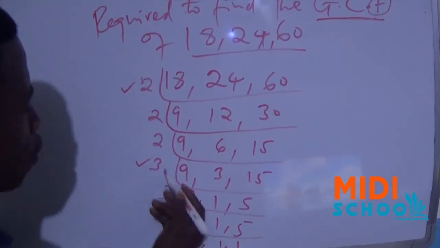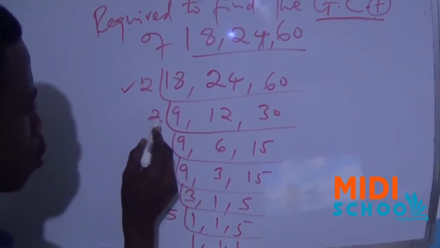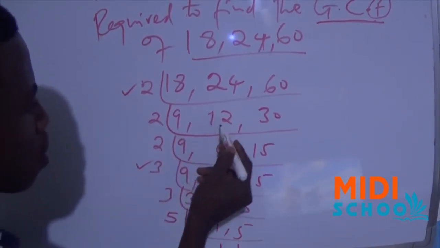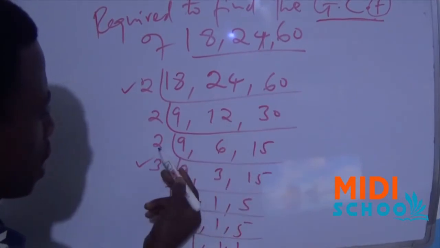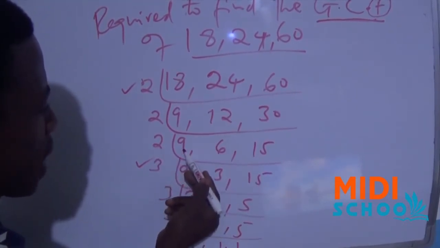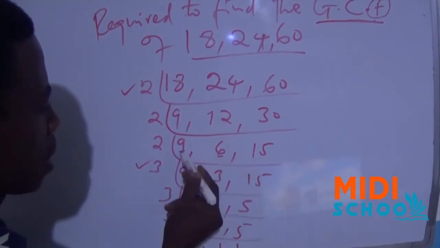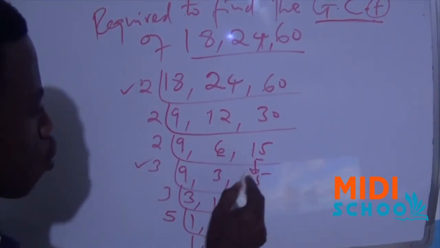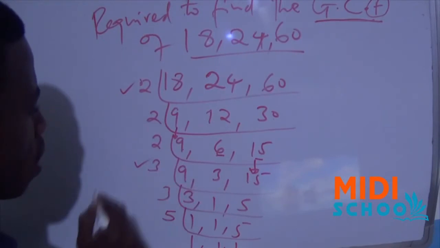So if we look at these numbers, 2 did not divide 9, it just divided 12 and 30. Again, 2 did not divide 9; it divided 3, it divided 6, but not 15. So this 15 was dropped here, and this 9 was dropped here.